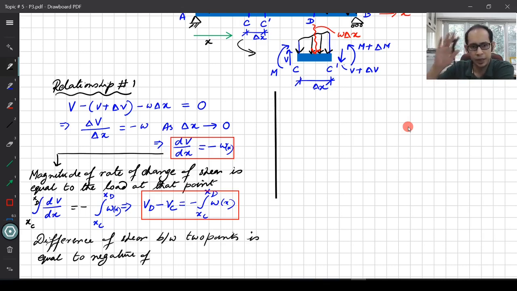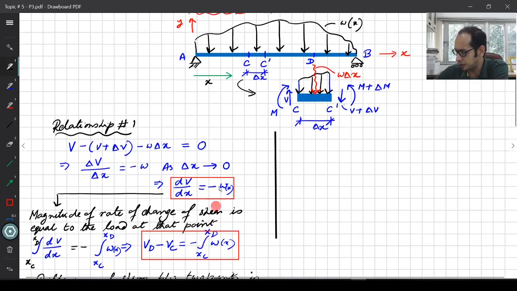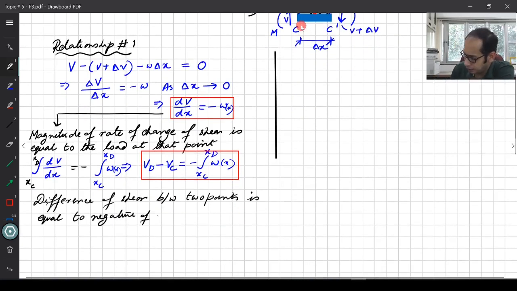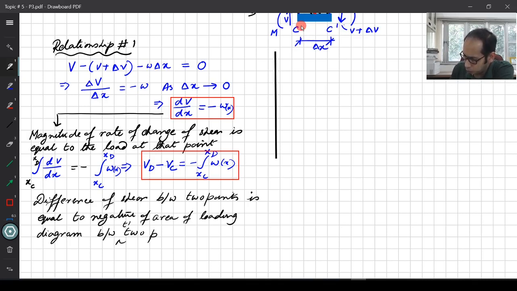of the area. So you see, this integral is essentially the area between these 2 points C and D of this loading diagram. So it is a negative of the area of the loading diagram between the same 2 points.